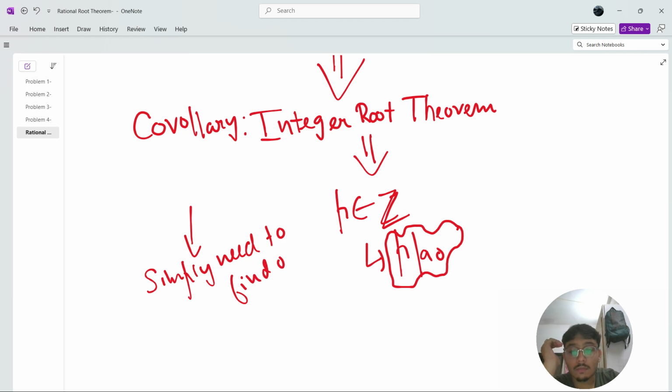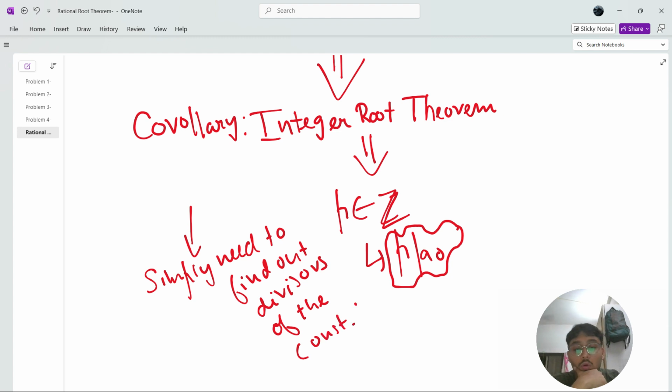find out the divisors of the constant term of the polynomial. This is the first step we need to take for finding out roots.